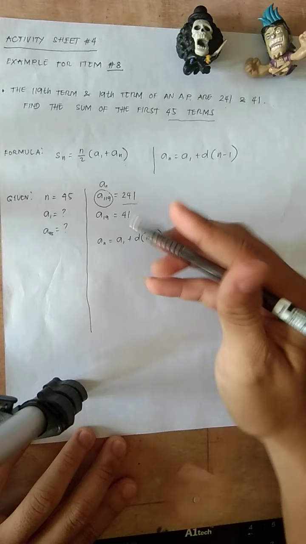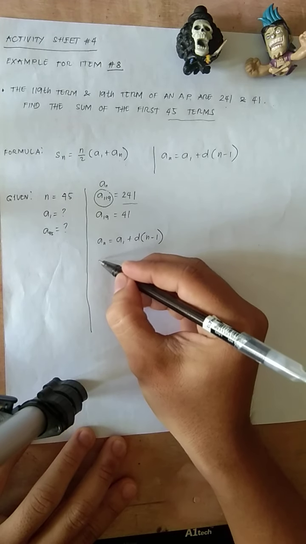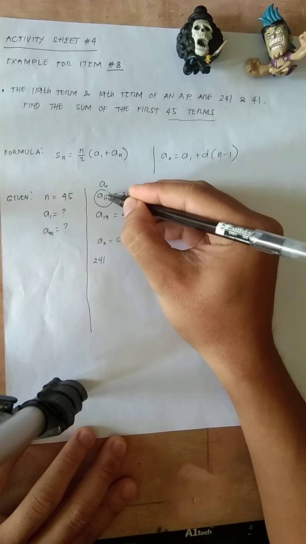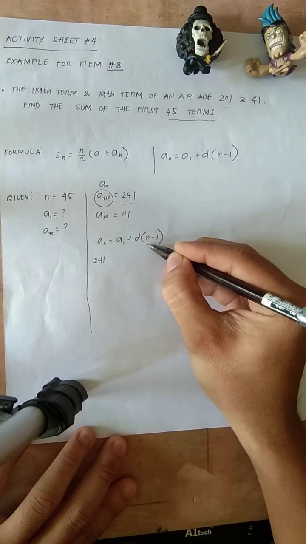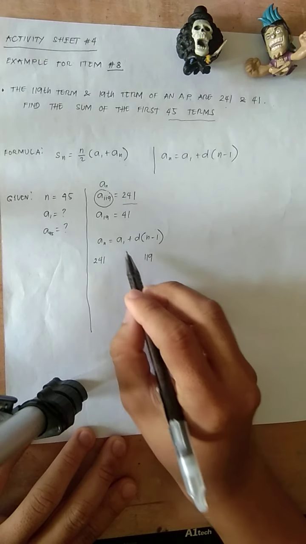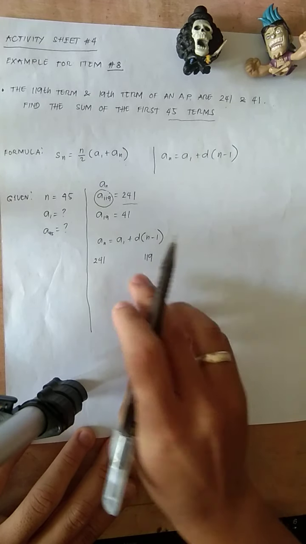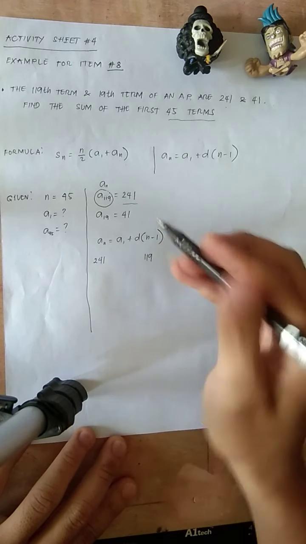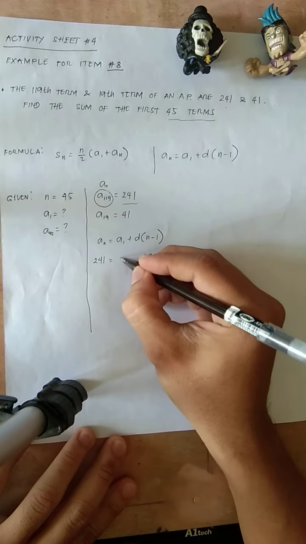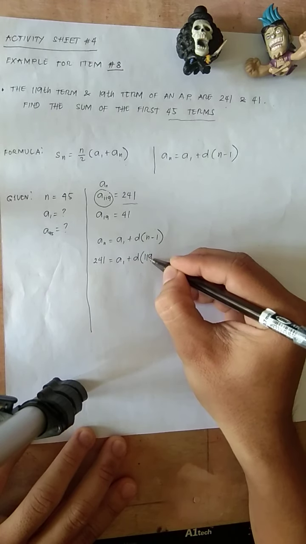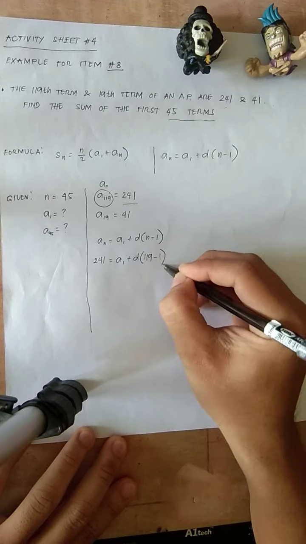Then we will have the following substitutions. Our a sub n becomes 241 and our n is 119. But we still do not know the values of a sub 1 and d. So we have 241 equals a sub 1 plus d times 119 minus 1.